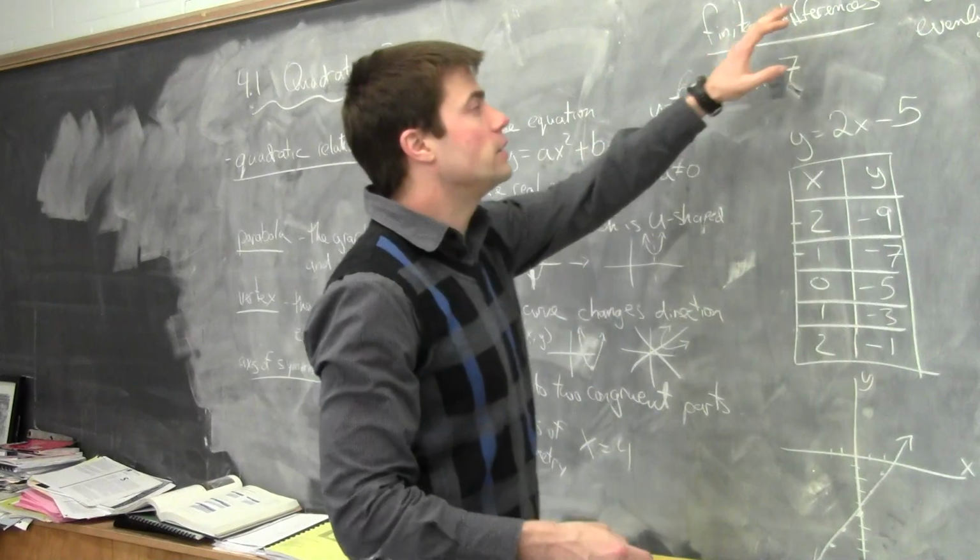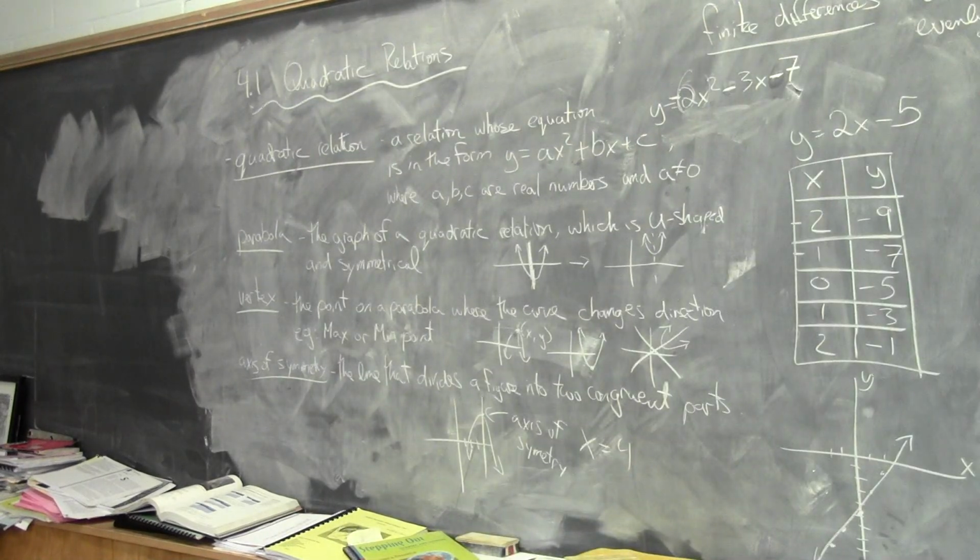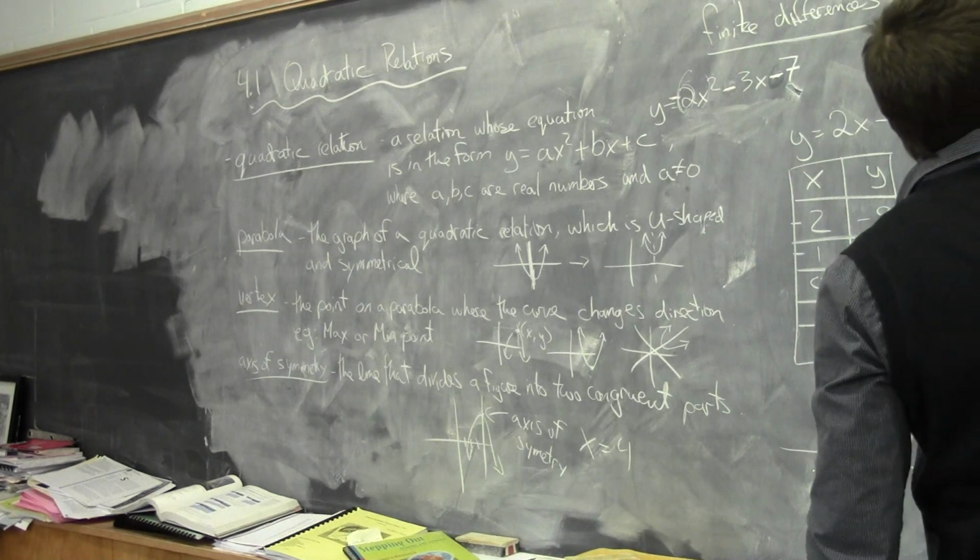Okay, and finally, finite differences. It's differences of y values with evenly spaced x values. So very important here, we're checking the difference between consecutive y values, differences of consecutive.